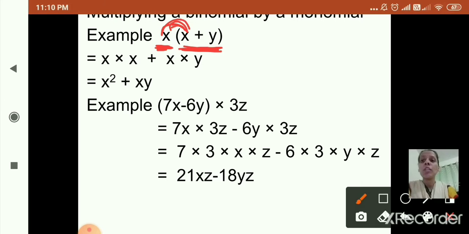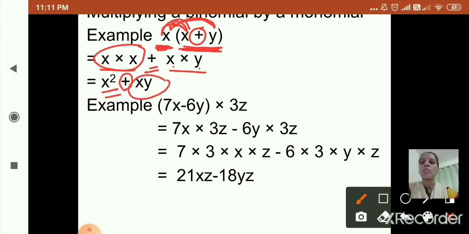Then in between, see this plus sign, so we will write down a plus sign. Now again x multiply by what is there inside the bracket, the next, that is y. So this is the first step. Now we will do the multiplication. x multiply by x is x square, and in between the plus sign as it is, x multiply by y is xy.